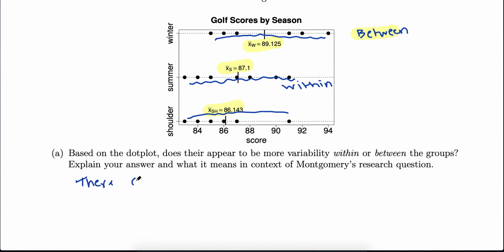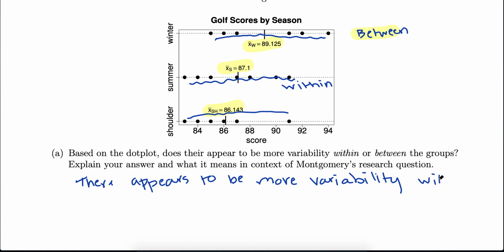So I'll say something like that. There appears to be more variability within each group than between the groups.